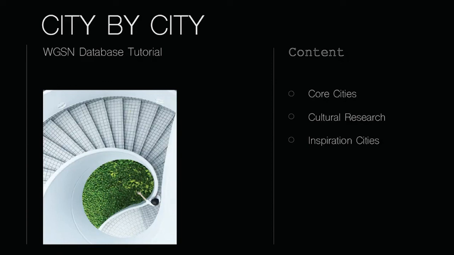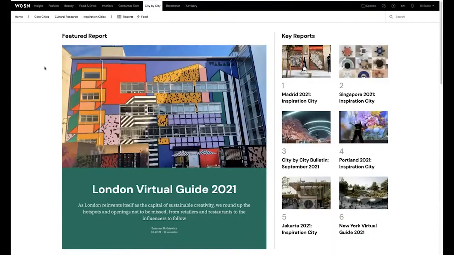The last section we will explore today will be titled City by City. You can find City by City located back up at the top black menu bar. Here you can access key reports and cultural research on city development and trends across the globe.